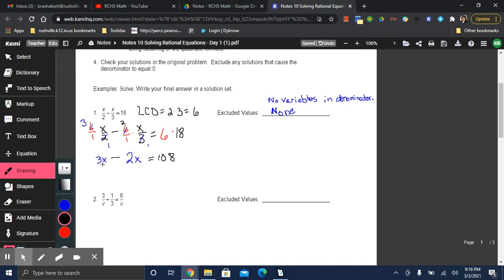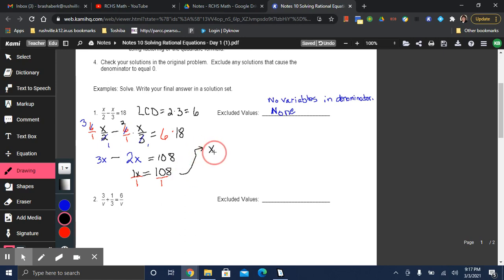Well, in this case, I have like terms. 3x minus 2x is 1x. So I have 1x equals 108. And I know some of you like to show that division. So we're going to go ahead and do that. We'll divide both sides by 1. And I'm just going to finish up my work over here.